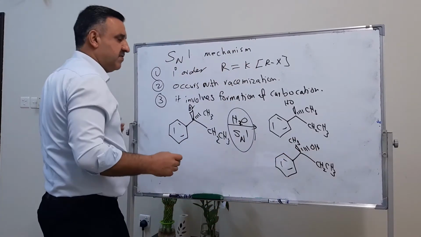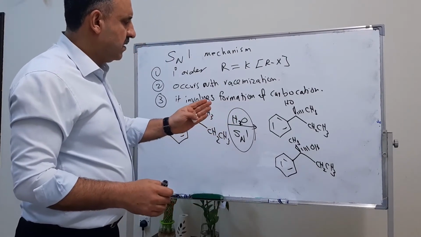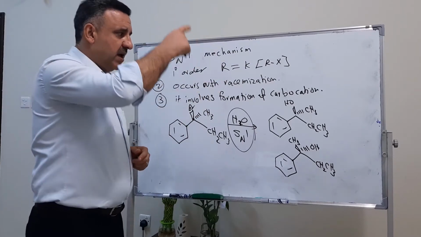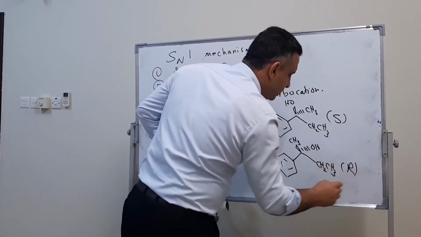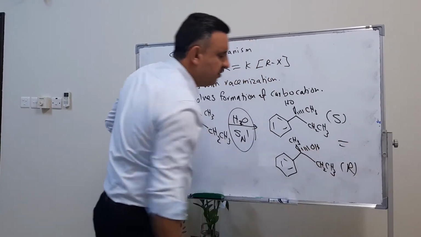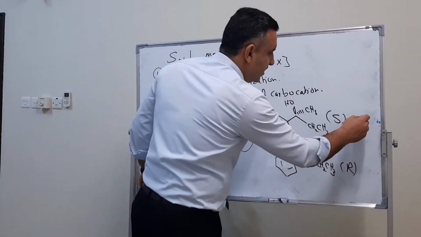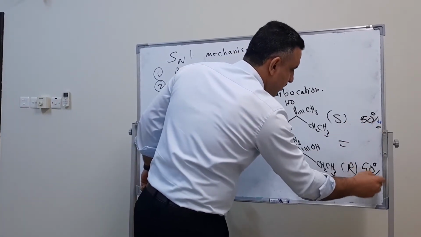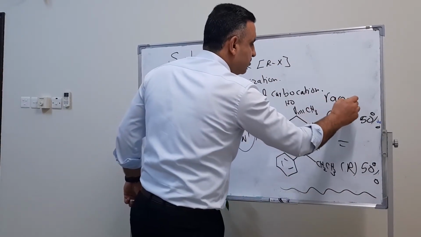So for example, if this is here, what's the stereo center of this compound? This is S. This is R. So approximately they are equal percentage of what you are going to get, approximately 50-50, which means we are going to get a racemic mixture.